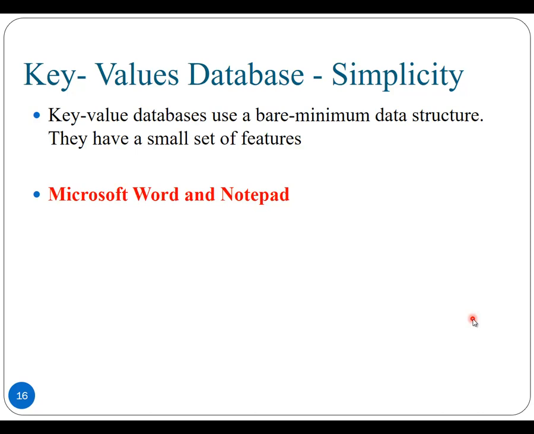Integrity is one of the main features of the relational database. But sometimes we don't need these features, and we want to have a simple design. So key value could help in these situations because in the key value database we don't have many features, and we don't need them.